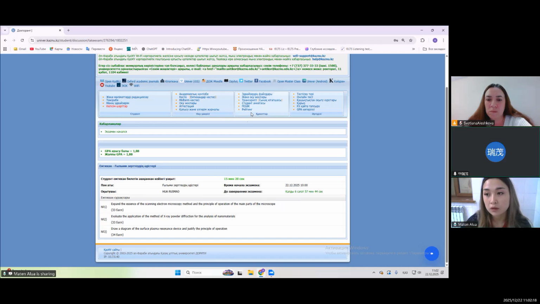Okay, the next is question 3. Please draw a diagram of the surface plasmon resonance device and explain the principle of operation. Do you know the core components or core structure of the device?